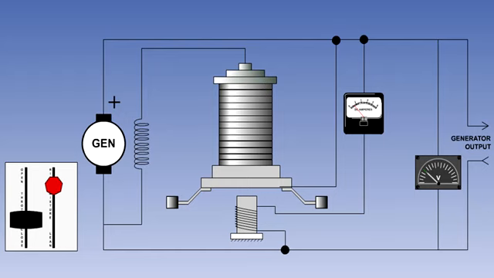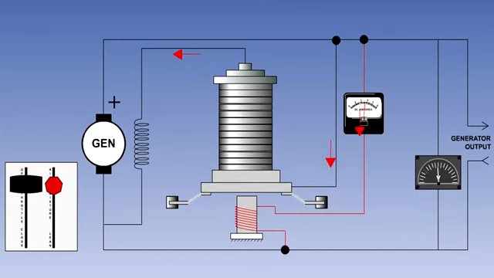The regulator is set up so that at the correct generator output voltage, the spring and the magnetic field of the control coil are balanced. If the generator output voltage increases above its regulated value, possibly because the engine is accelerated, then the control coil current will increase, increasing the strength of its magnetic field.